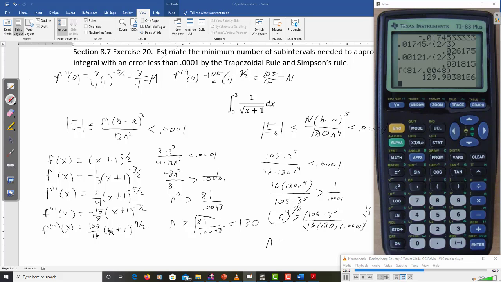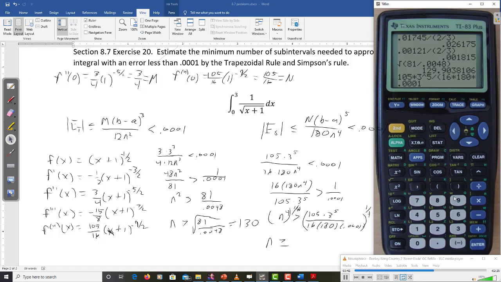So n is greater than or equal to, let's see here, 105 times 3 to the 5th divided by 16 times 180 times 0.0001.